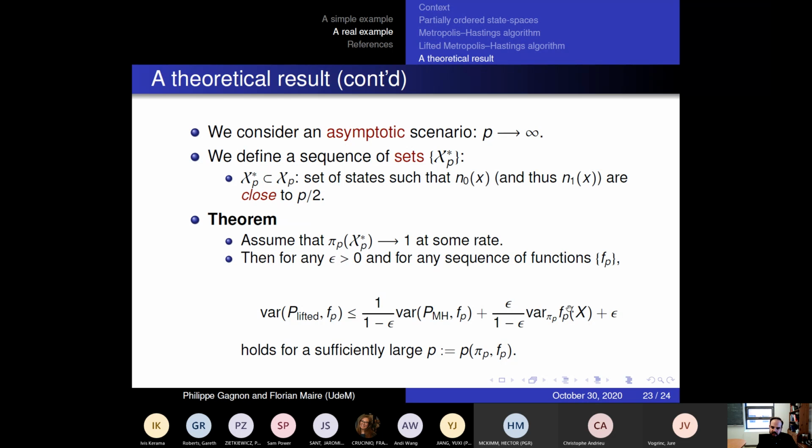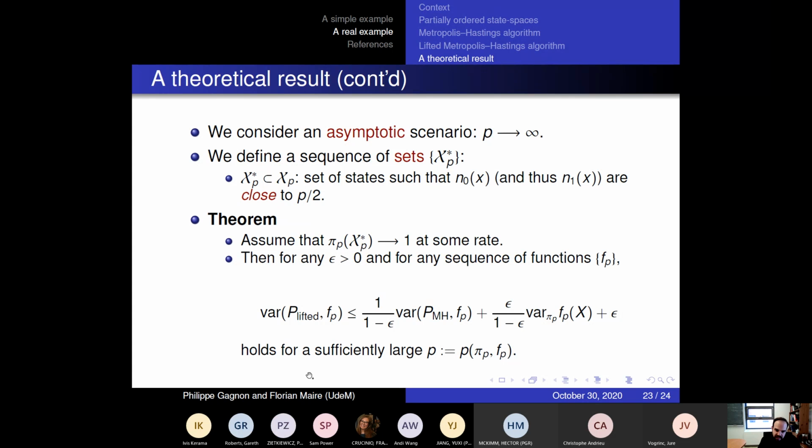This is the variance of f under pi. So if this is not too crazy, then if you multiply by something small, you get something small plus something small. So this inequality suggests that the lifted sampler is better. Okay, and this is for sufficiently large p that depends on pi and f.